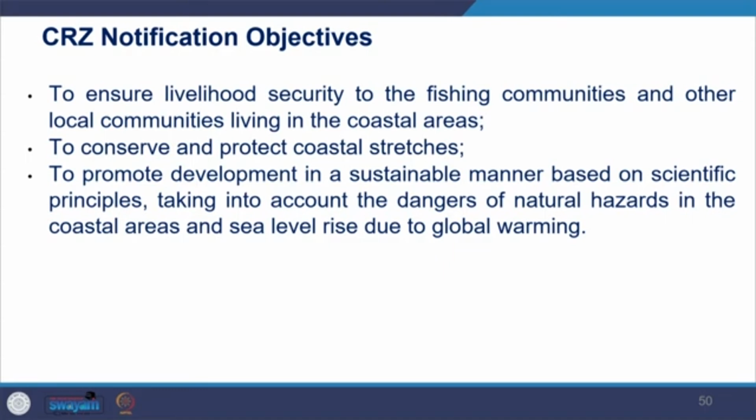There can be some activities which are allowed in CRZ. These include Department of Atomic Energy, power generation by non-conventional energy sources, and so on. So you can look into the details. And then there are certain things which are regulated for the environmental clearance purpose.